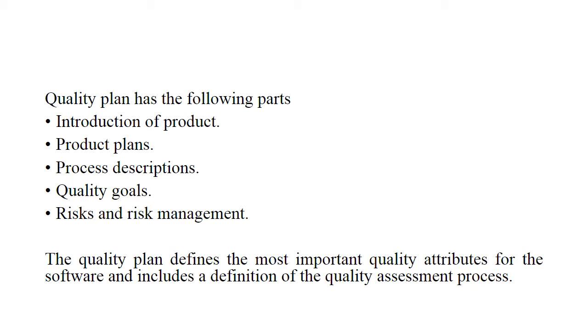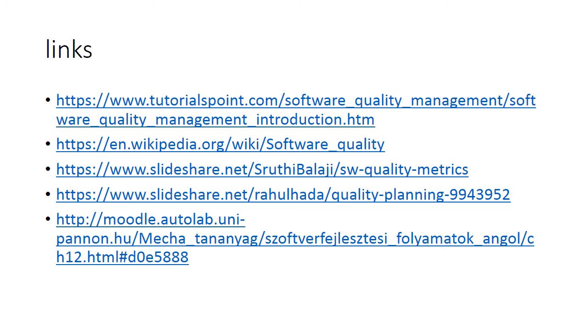The third is process description: how I am going to process this product and develop this project. That is also important. The fourth is your quality goal. You may have a separate quality goal for your product, and it should be satisfied. Sometimes your product faces some risk, and you have to manage all those risks. These are the things satisfied by your quality plan.